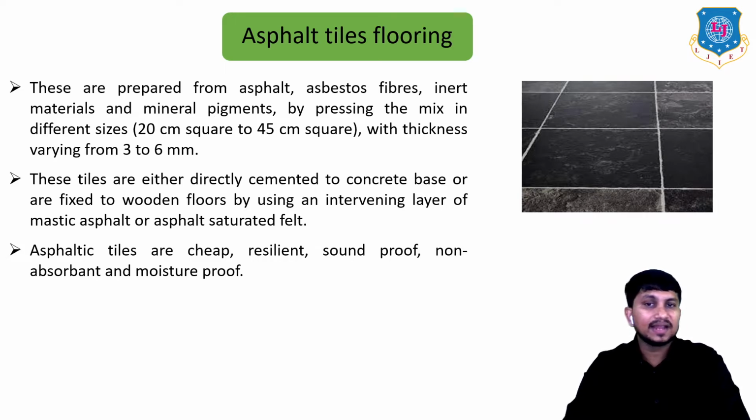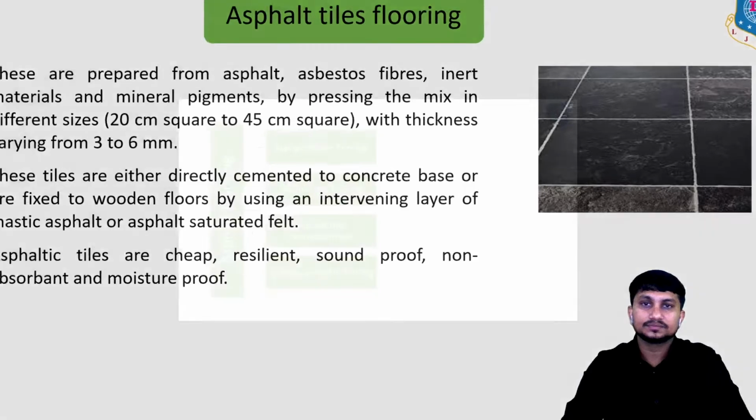These tiles are either directly cemented to concrete base or are fixed to wooden floors by using an intervening layer of mastic asphalt or asphalt saturated felt. Asphalt tiles are cheap, resilient, soundproof, non-absorbent, and also moisture proof. So these are the advantages of asphalt tiles.